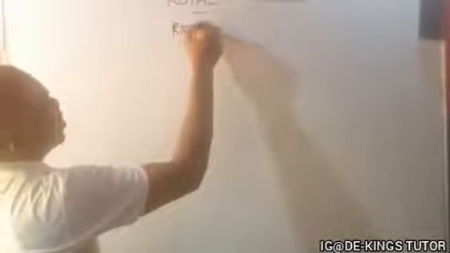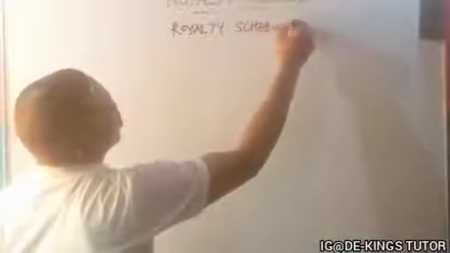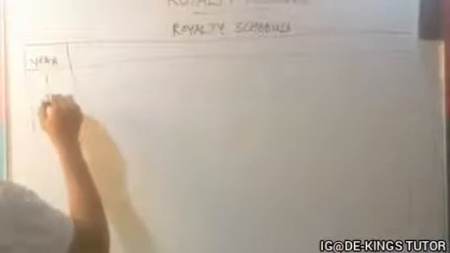So the royalty schedule or chart looks thus. We can have the year, which can be 1, 2, 3, 4, depending on the number of years.